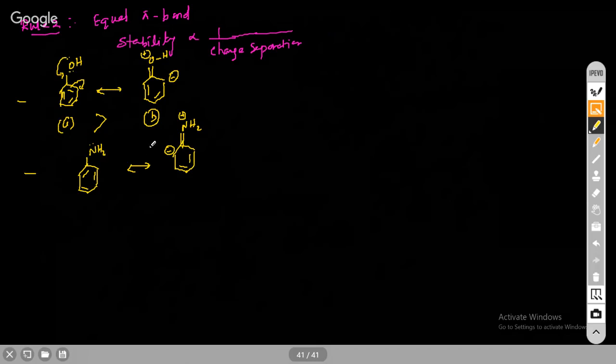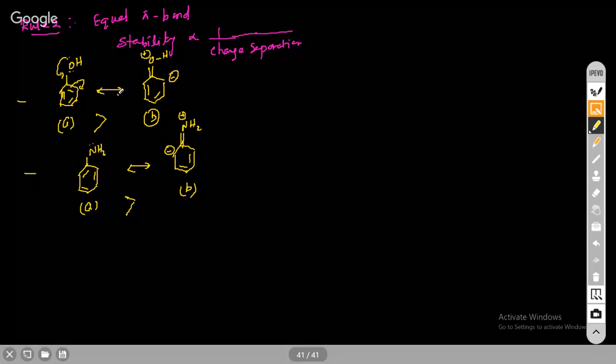What is the stability of this A and B? Which one is more stable? Obviously, one is more stable than two. Why? Because here we do not have any charge separation. Okay. So when the number of pi bonds are equal, then we consider what? Charge separation.